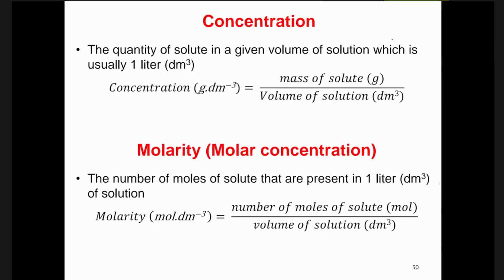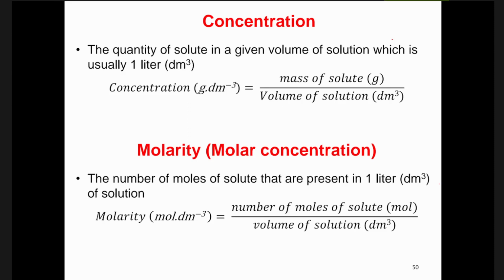So we talk about concentration. It is the quantity of the solute in a given volume of the solution, which is usually 1 liter. So the concentration is the mass of solute over the volume of the solution, let's say 10 grams per liter or 20 grams per liter.